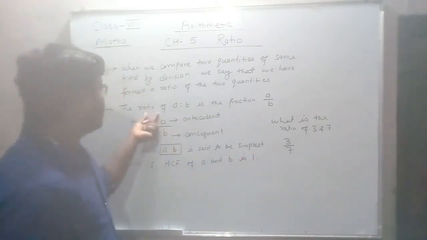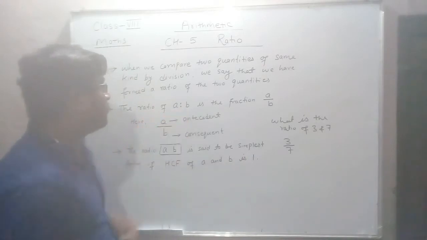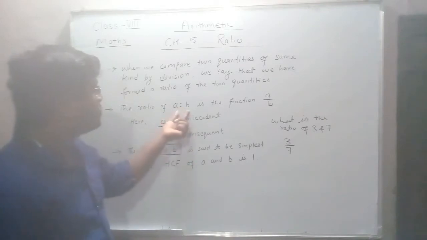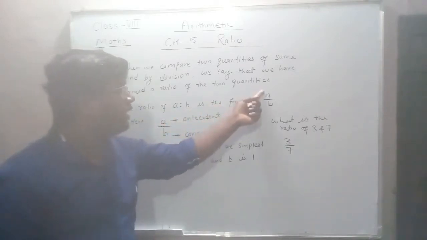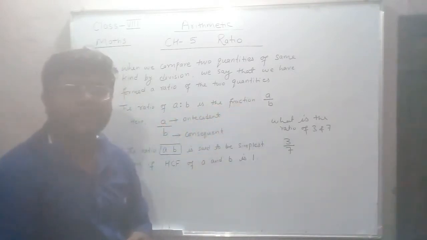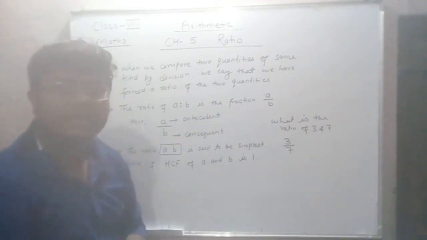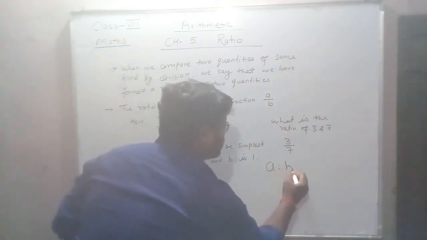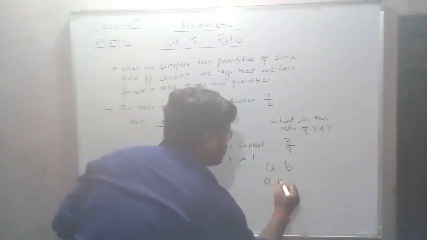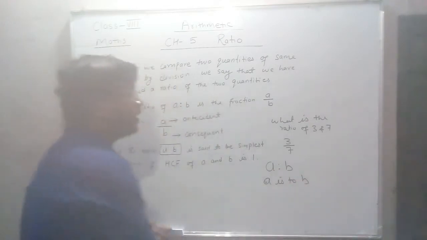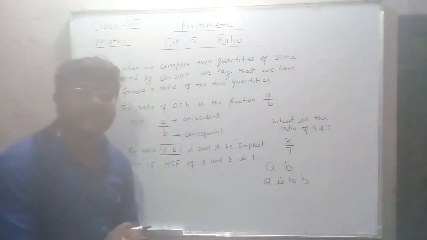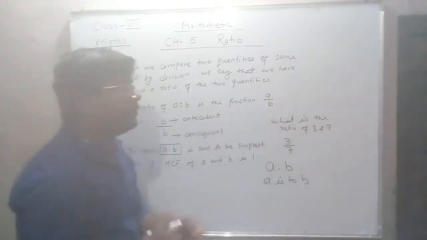So the ratio of A is to B, we read this symbol as 'is to'. A is to B is the fraction A upon B.